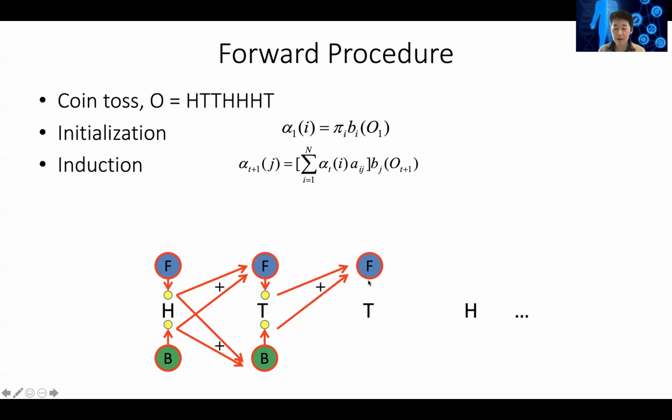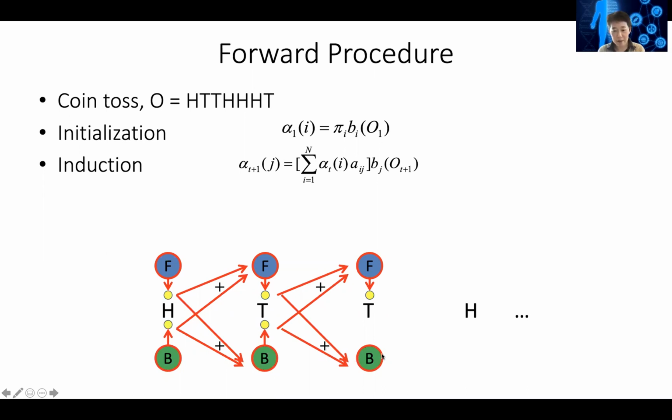Now we are in a fair coin, and then we have to emit the tail from this fair coin. Or you can calculate the probability of emitting the same tail and everything before using the bias coin here. Again, there are two options. You either inherit this number and multiply by the transition, or you inherit the previous coin being biased and you do the bias to bias transition.